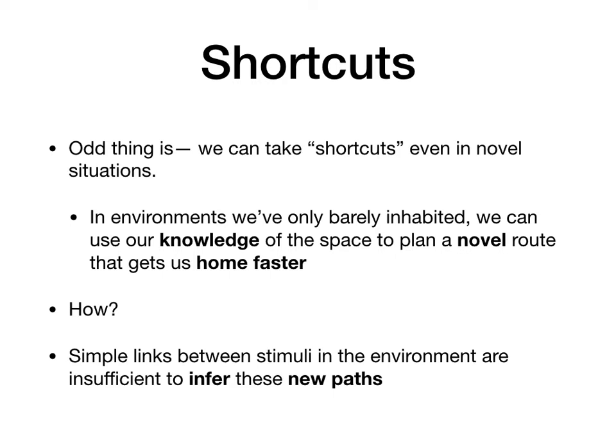And that's because we're using some kind of knowledge of the space to plan these novel routes, things we never even passed through. We don't have to directly experience an entire space to understand that there are routes within it that we may not have walked yet. So, simple links between stimuli are not going to help us understand the broader representation of the space that we inhabit.